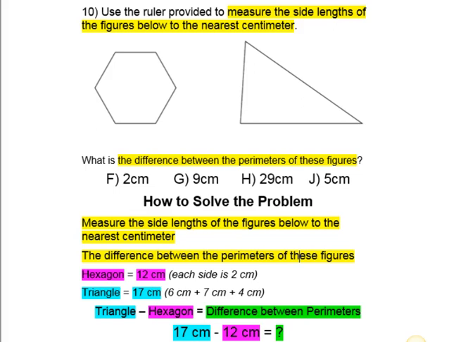A hexagon has 6 sides, so 2 times 6 is equal to 12. And for the triangle, there was one side that was 6 centimeters, one that was 7 centimeters, and one that was 4 centimeters. Adding those together, that is equal to 17 centimeters. So we subtract the triangle minus the hexagon, and our correct answer is, can you guess?